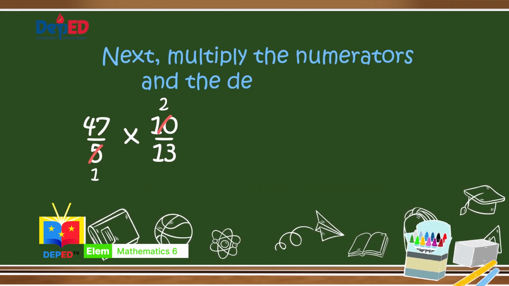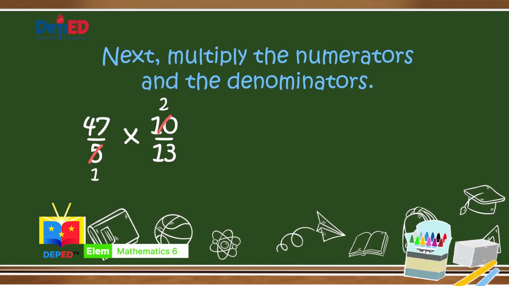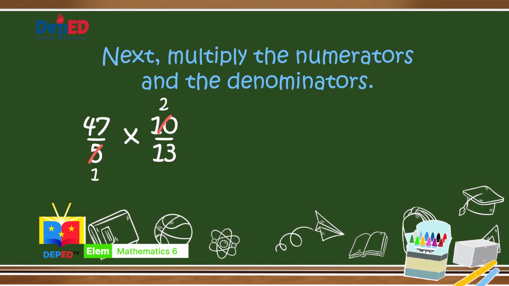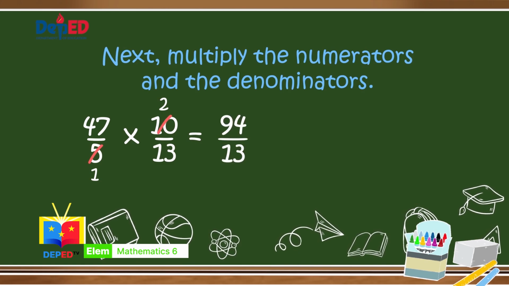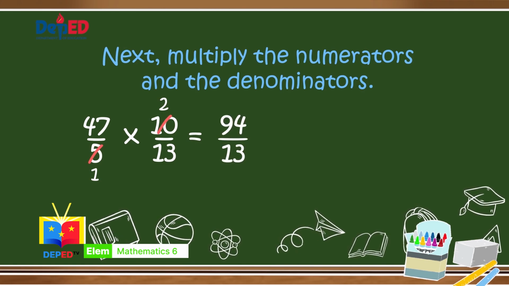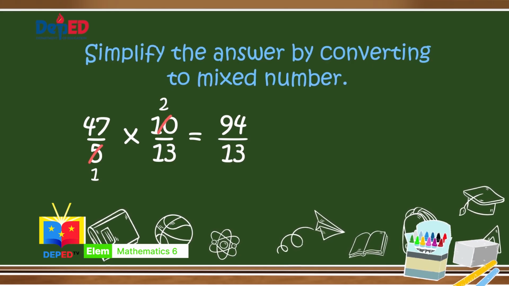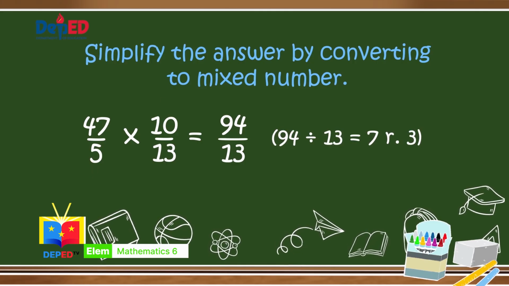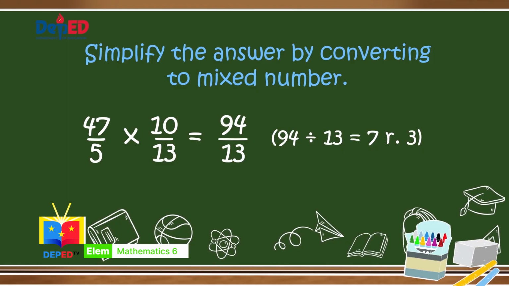Next, multiply the numerators and the denominators. 47 multiplied by 2 equals 94. 1 multiplied by 13 equals 13. We have 94/13. Simplify the answer by converting to a mixed number. Again, in converting an improper fraction to a mixed number, divide the numerator by the denominator.